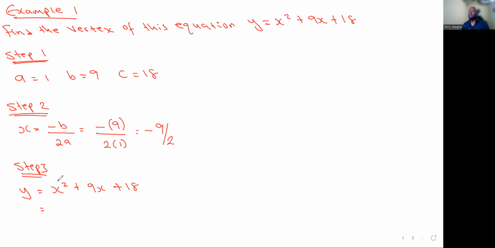Anywhere you see x, you put minus 9 over 2, then it gives you minus 9 over 2 squared plus 9 times minus 9 over 2, plus 18. And when you press your calculator for this, you will get your answer to be minus 9 over 4.